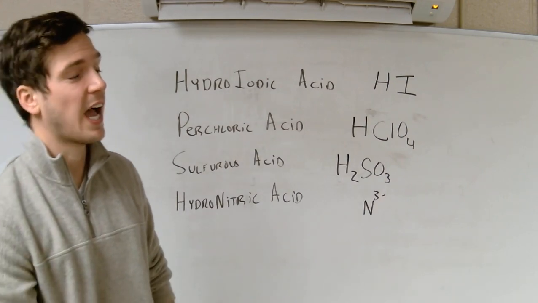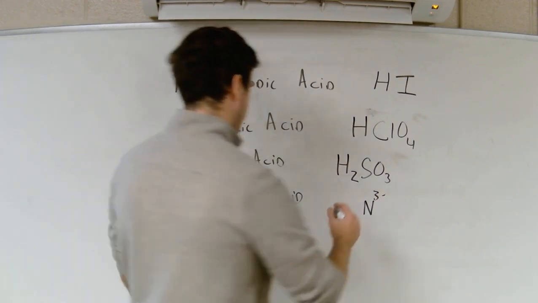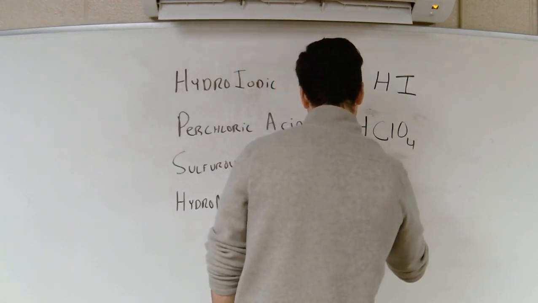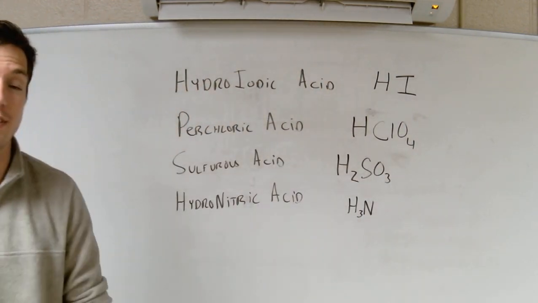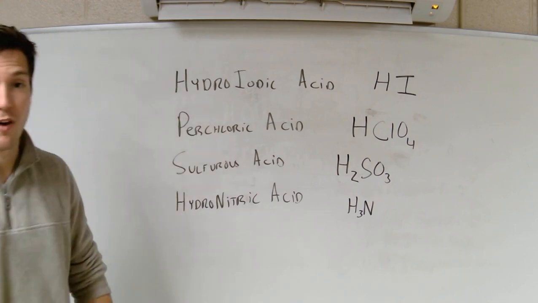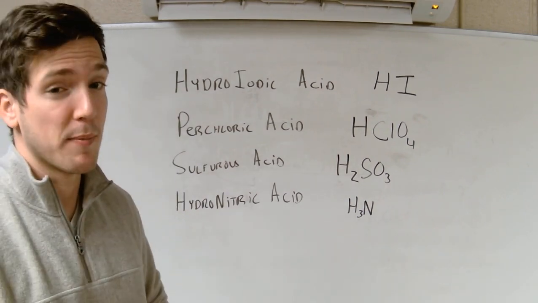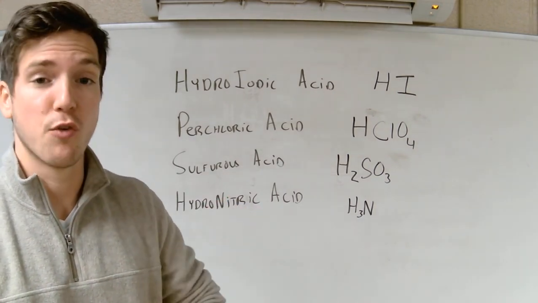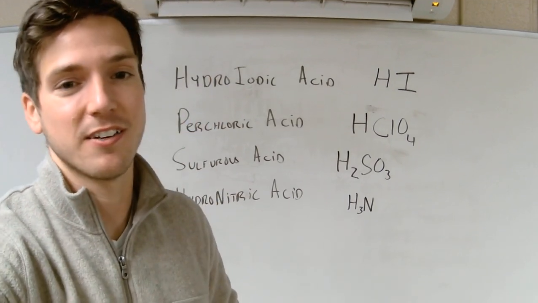So how many hydrogens am I going to have to add? 3. H3N, hydronitric acid. So that's how we go from name to formula. Make sure you're getting practice with that. Remember to make sure to see if it's ionic, covalent, or an acid first. Try out that practice, check your understanding, and have a great day.